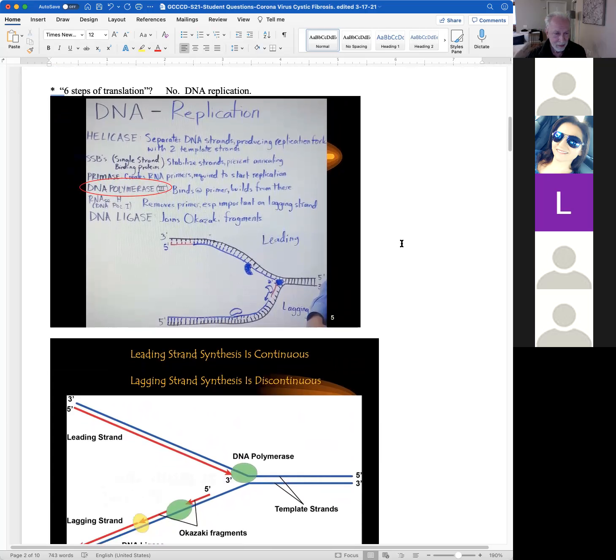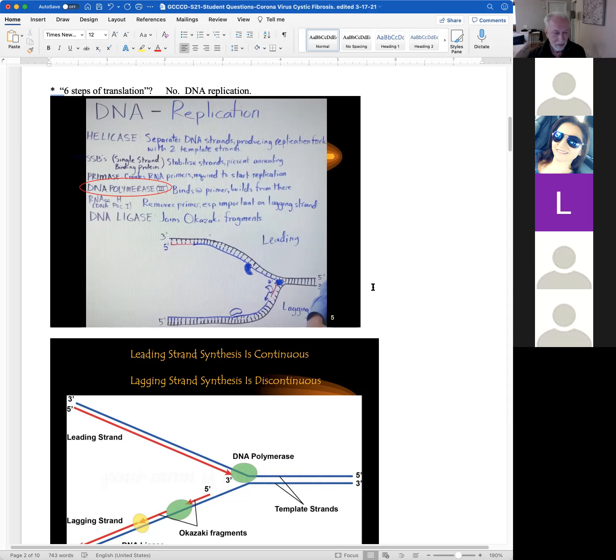Excuse me, Professor, I have a question about replication. So the helicase, it separates the hydrogen bonds, right? Why is it the first step? I think the first step is when the helix becomes two strands before it breaks. The helicase breaks the hydrogen bonds between the nucleotides.